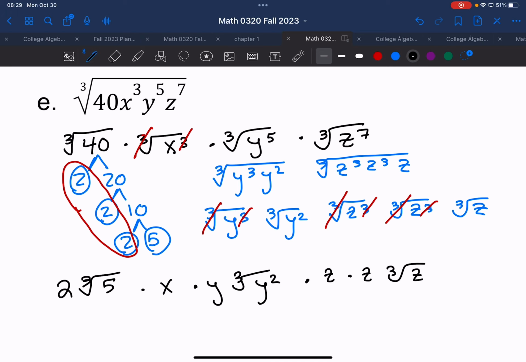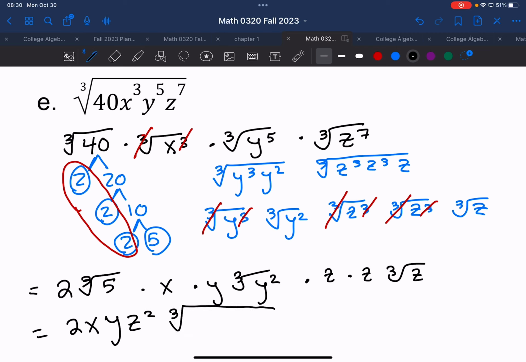Okay. Even though this is my answer, I have to simplify this. Okay? So what I'm going to do is look at each part. So I have one number on the outside, and that's 2. Okay? How many x's do I have on the outside? 1, so I'm just going to write x. How many y's do I have on the outside? 1, so 1 y. How many z's do I have on the outside? 2, so that's z squared. Okay, now I have no more terms on the outside, so I'm going to write my cube root.